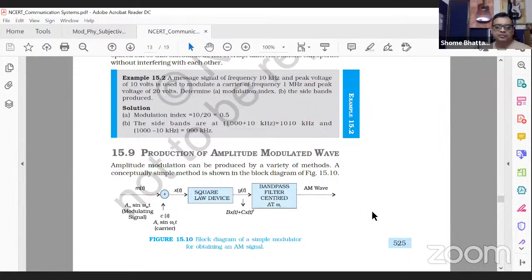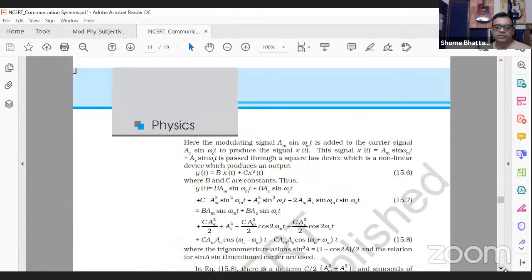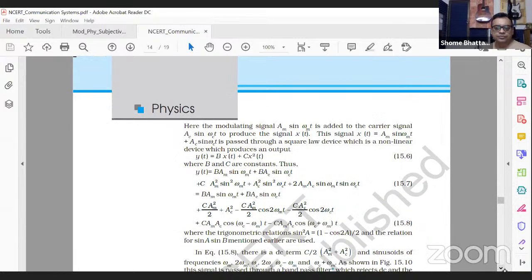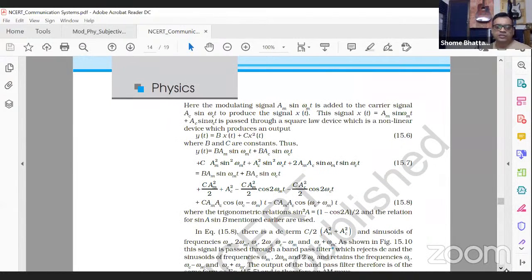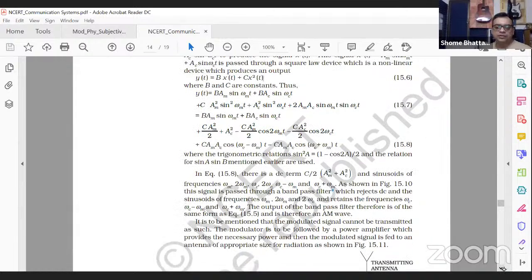Then it passes through something called a band pass filter and things like this. This you need not go through, this is kind of optional, but this is a more complex situation of modulation where we are using signal squarers also as part of the modulation process. So it gives you a more complex transmission signal which has more information and more number of terms.